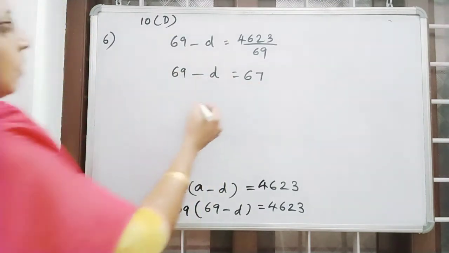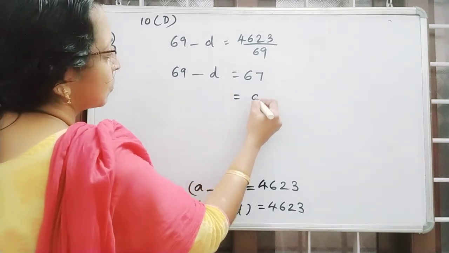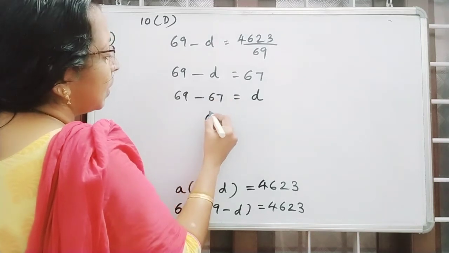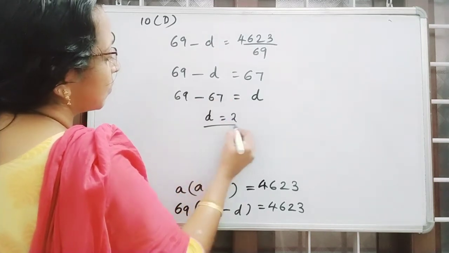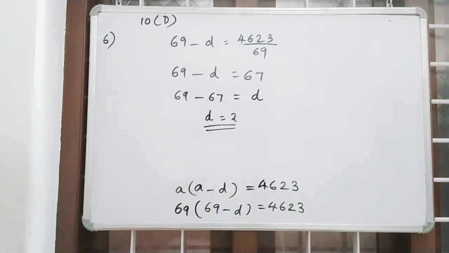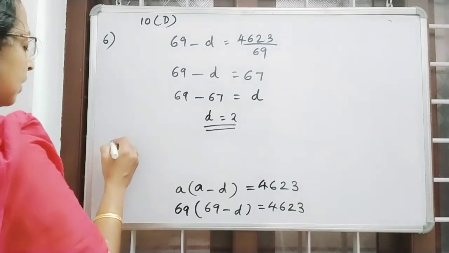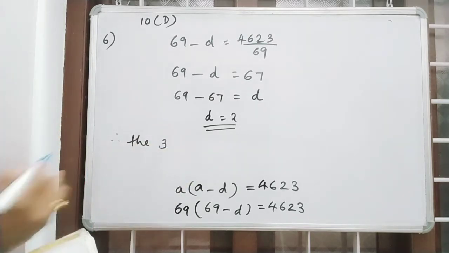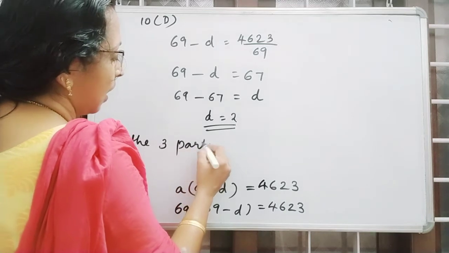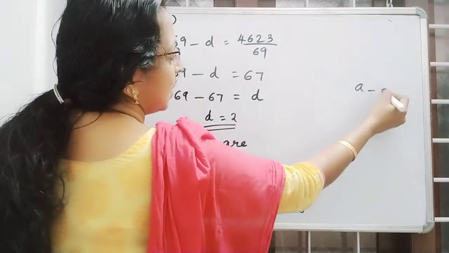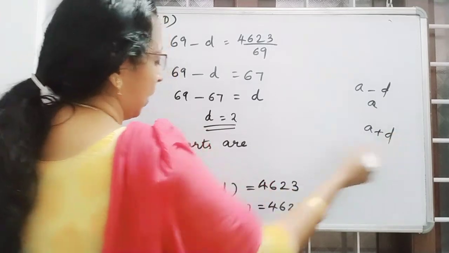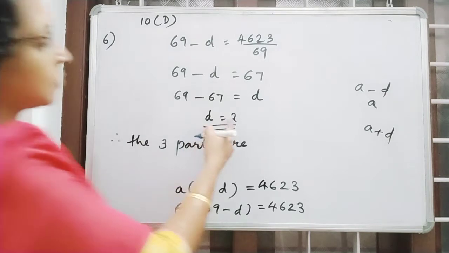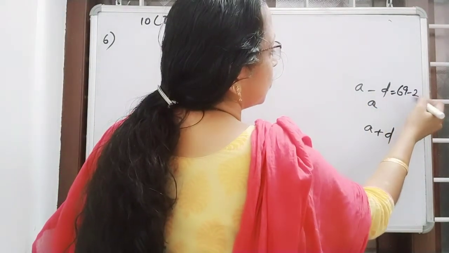So D take to the right side. So positive D it will be 69 minus 67. So D is equal to 2. Therefore, the 3 parts, which they asked to find out, are A minus D, A, A plus D. A is 69, so 69 minus 2 is 67.